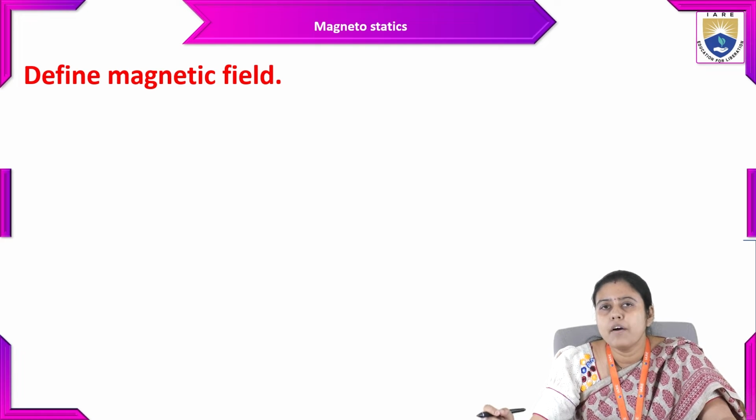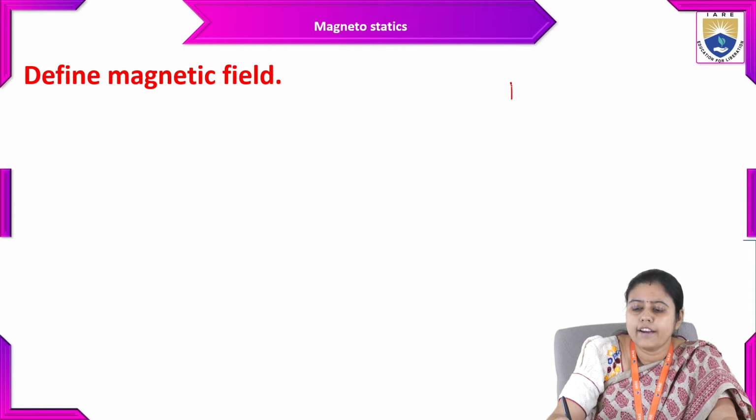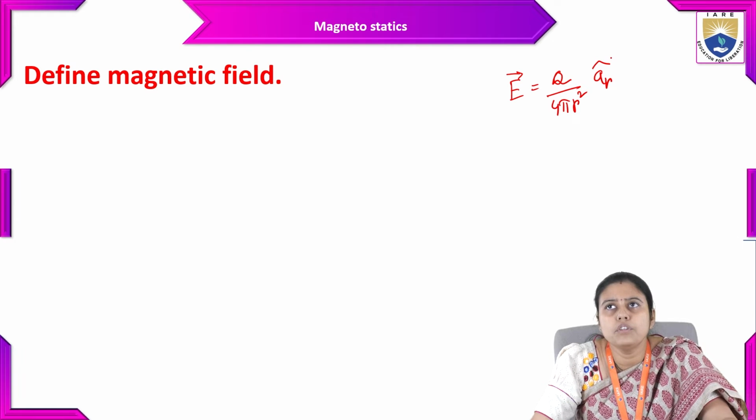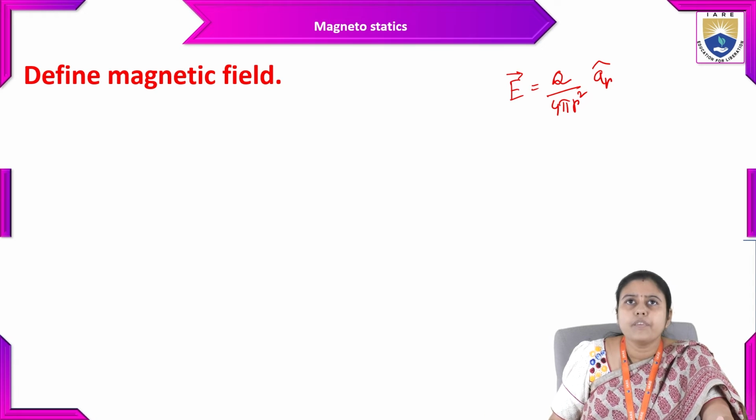The amount of force required to bring one unit charge from infinity to any point. According to Coulomb's law, we can write the electric field intensity E is equal to Q by 4 pi r squared AR, where AR is the unit vector, and AR gives the direction of the electric field intensity.